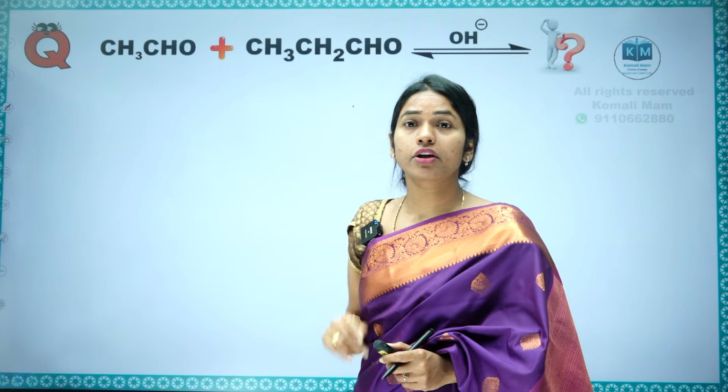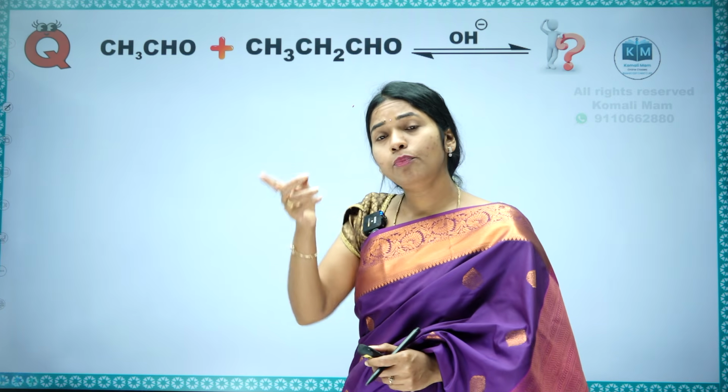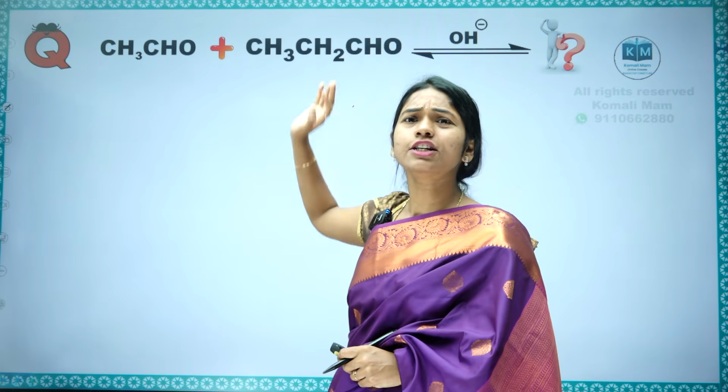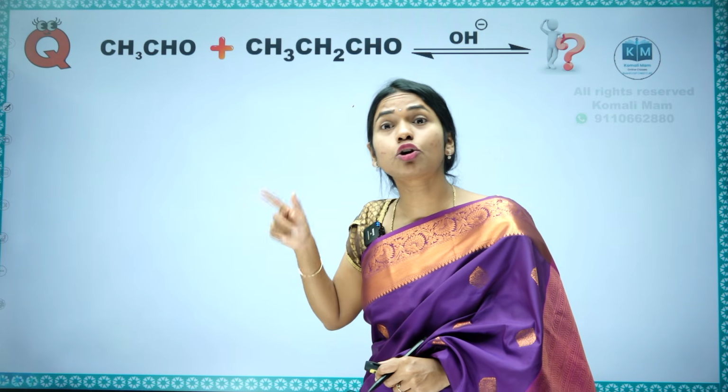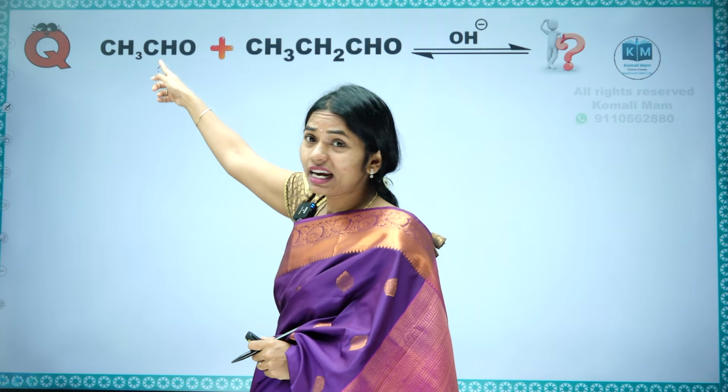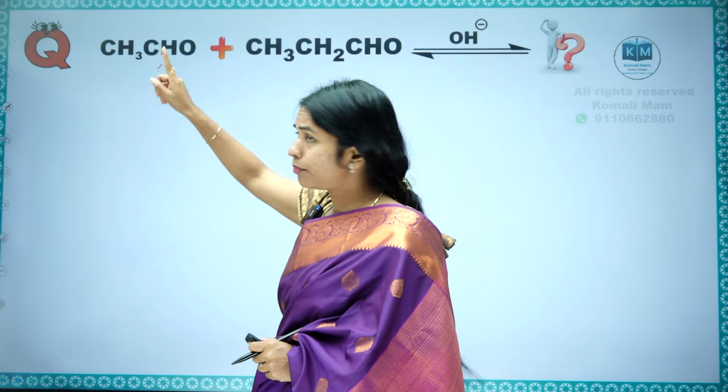How to write the product? What I told you first, AK I have taken, aldehyde and ketone. Now both are aldehydes, but both are different. That's why it is cross-aldol. Now acetaldehyde reacts with acetaldehyde, one product.